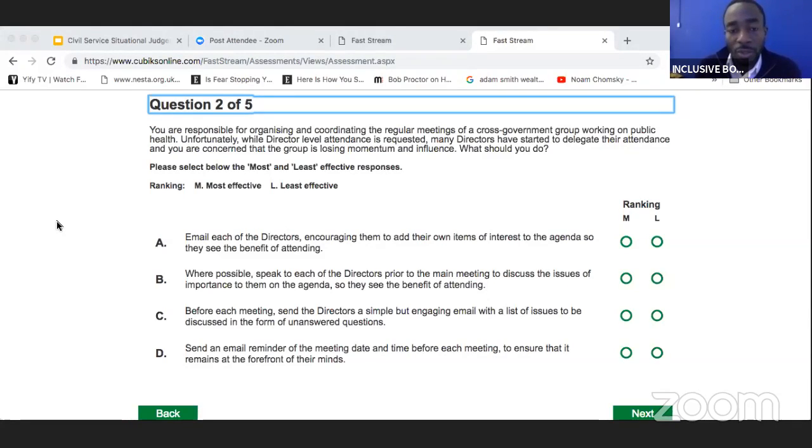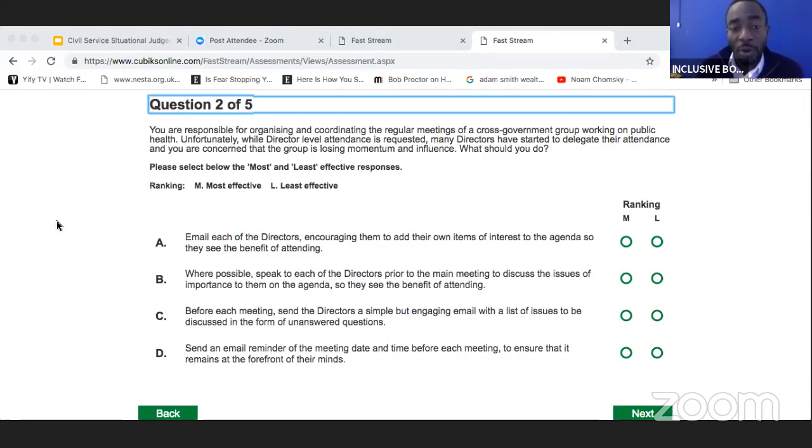With email, you cannot control when they will see it or respond, and there's a likelihood they may not go through it because they have other urgent or pressing emails. They may just leave that on the back burner, which may delay or impact your making a decision as to who would be at the meeting.